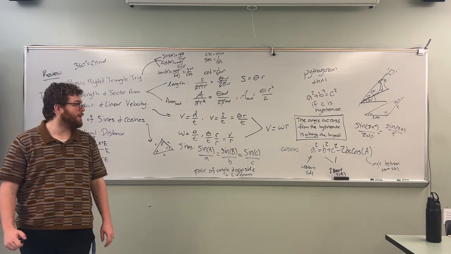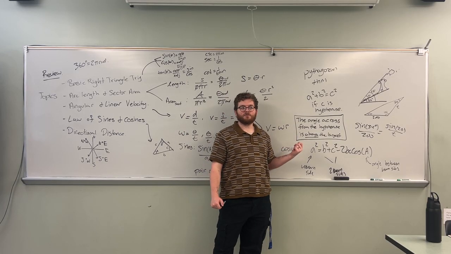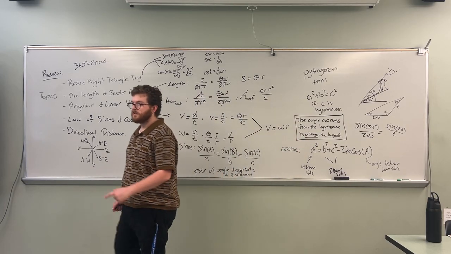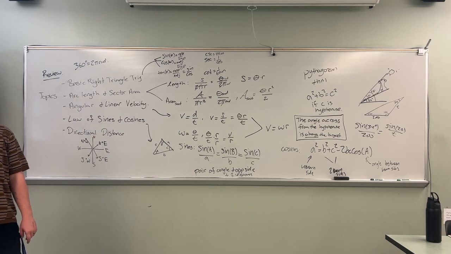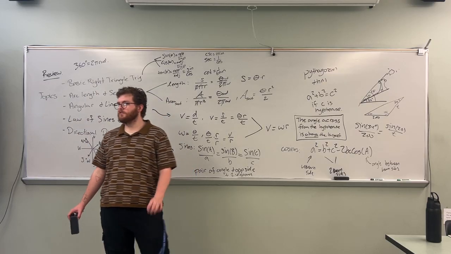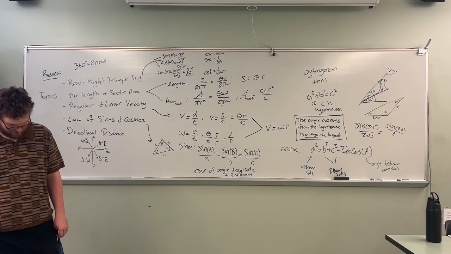I should say I messed up in class yesterday. The angle across from the hypotenuse is always larger than the other two. That wasn't necessarily the case when we did the example yesterday, so we need to be sure of that. That's an important note to write down because that will help you when you go to do law of sines and law of cosine problems.